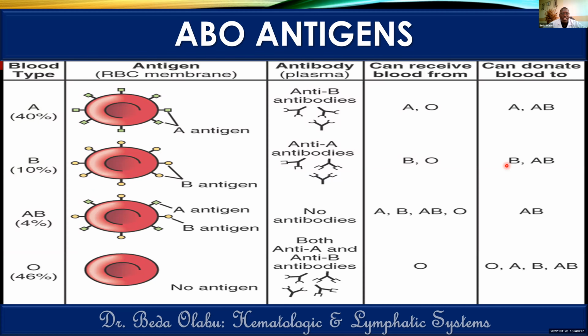Now, that brings me to the concept of blood transfusion. When blood is being transfused from one person, a donor, to another person, the recipient, what exactly must we look at? Well, there are many things to look at, but fundamentally, I want you to look at two things.